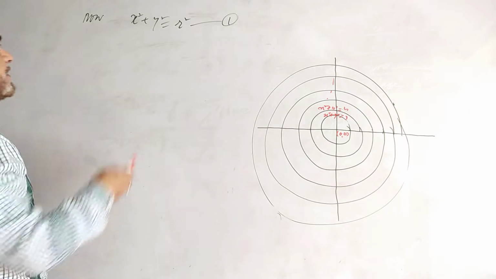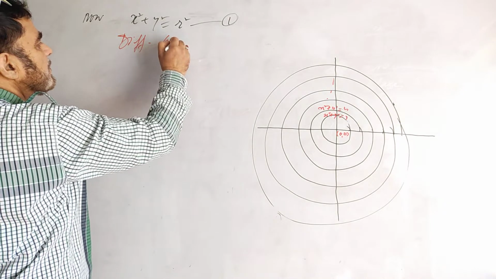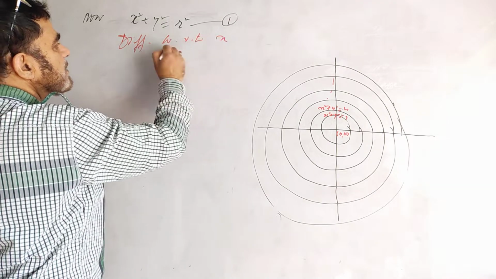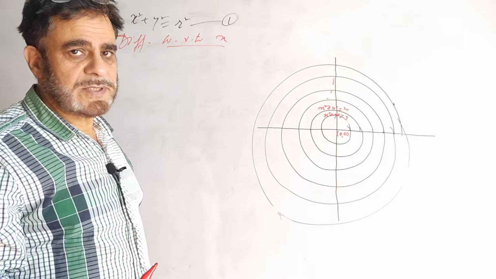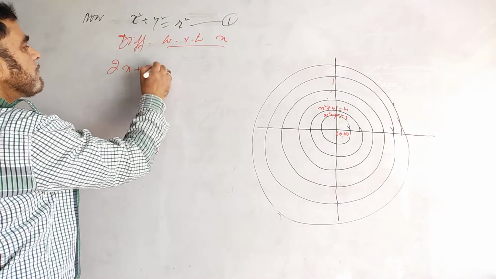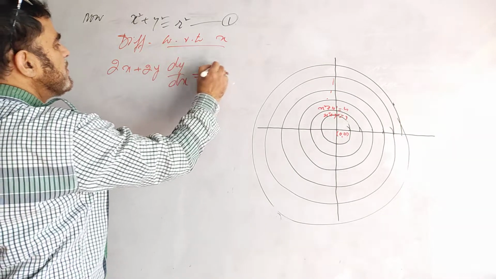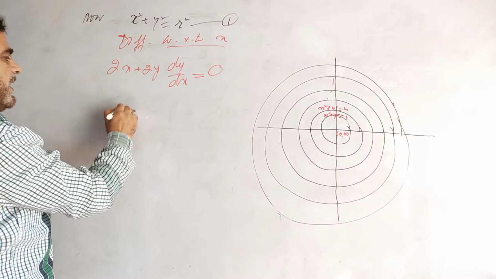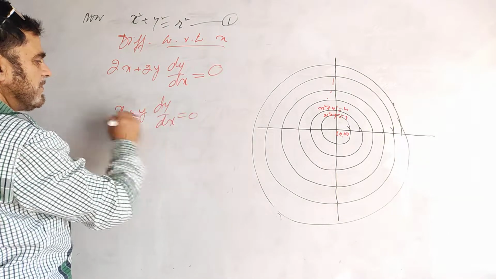I differentiate this with respect to x, where y is dependent and x is independent. It is 2x plus 2y dy by dx is equal to 0. This gives x plus y dy by dx is 0.